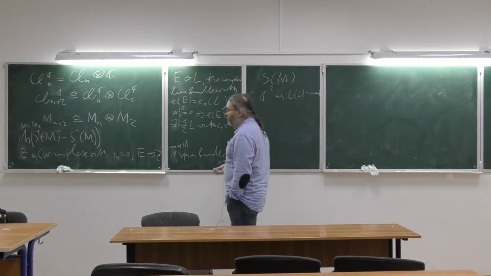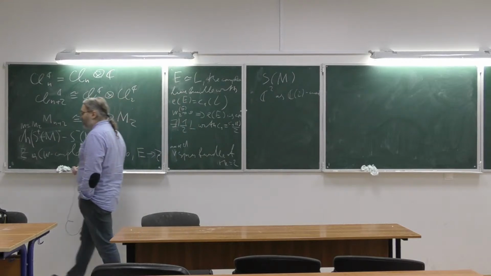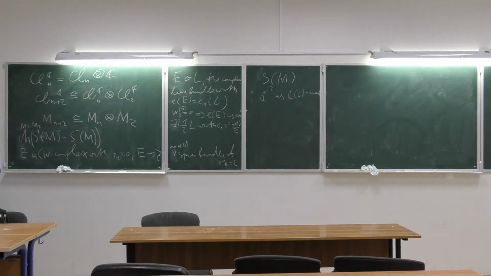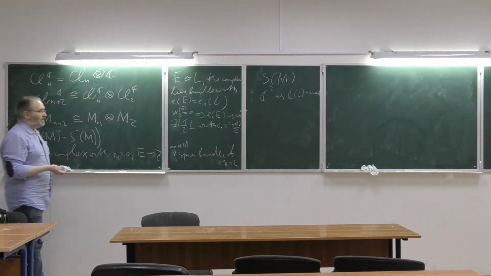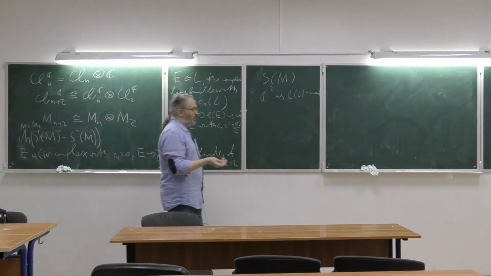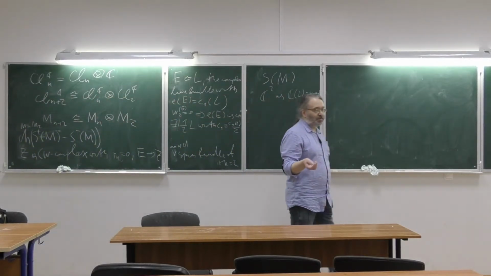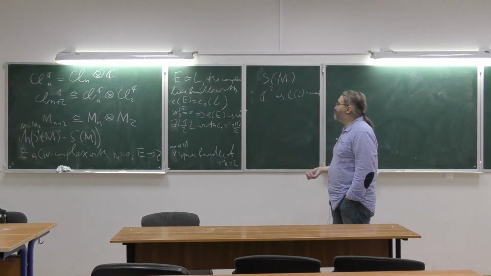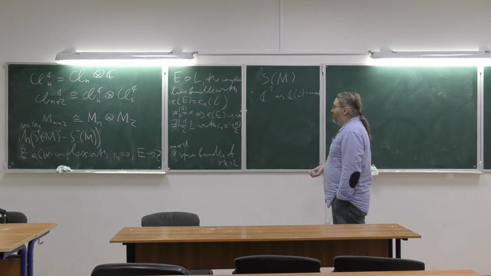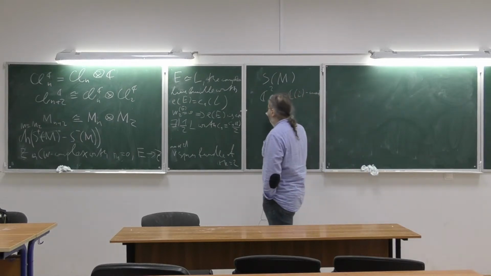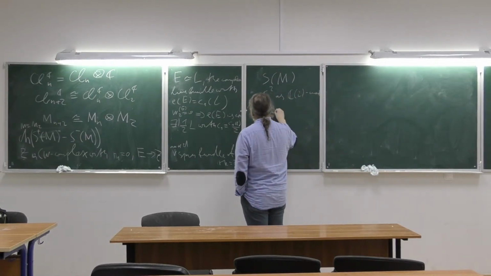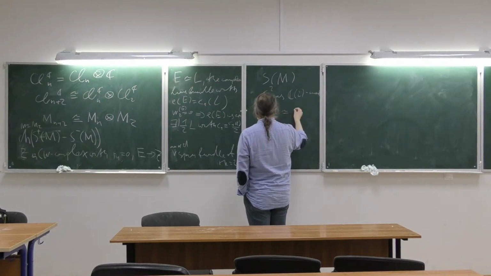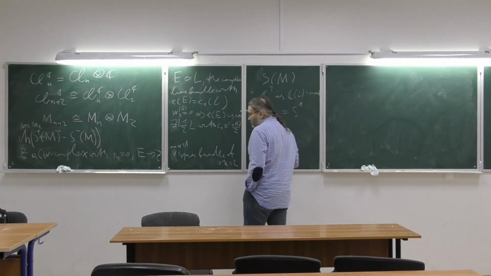C2 is irreducible as a module over CL2, but it's not irreducible as a module over spin 2.